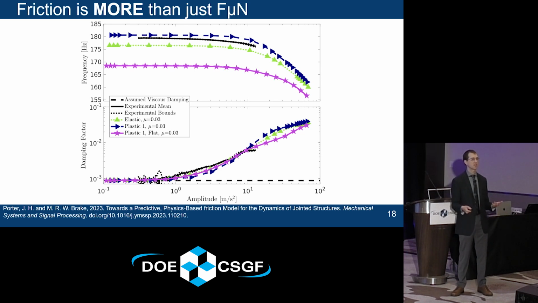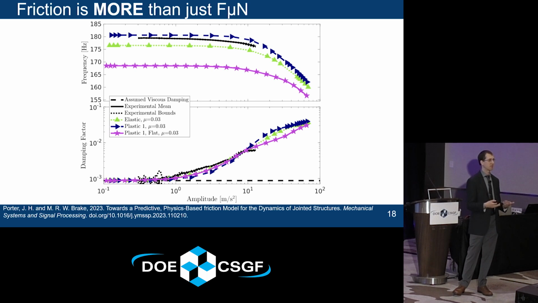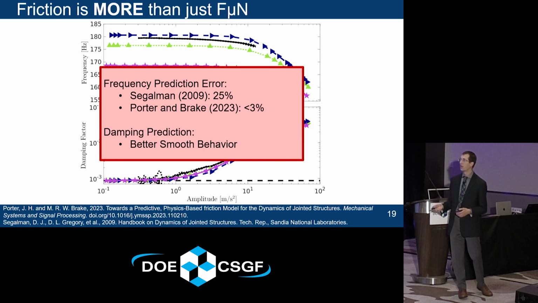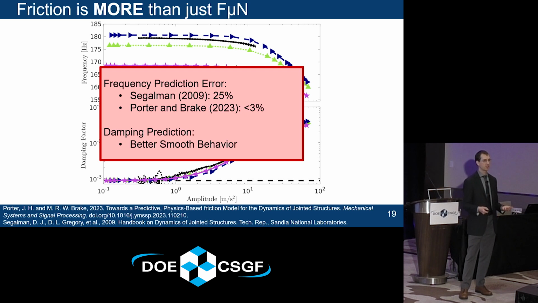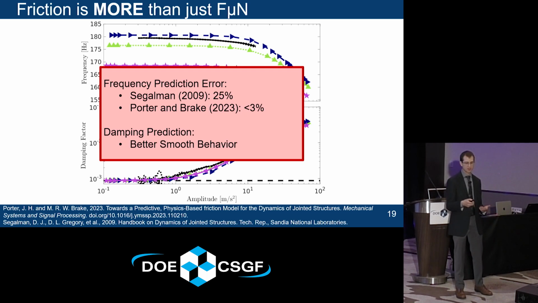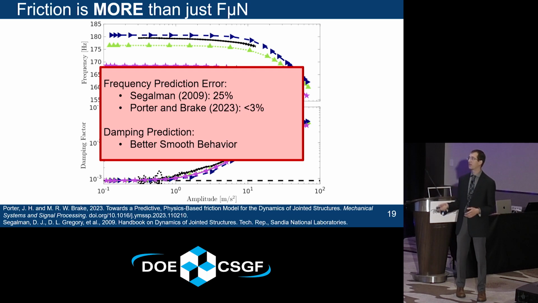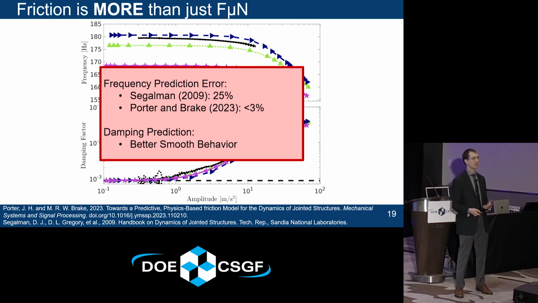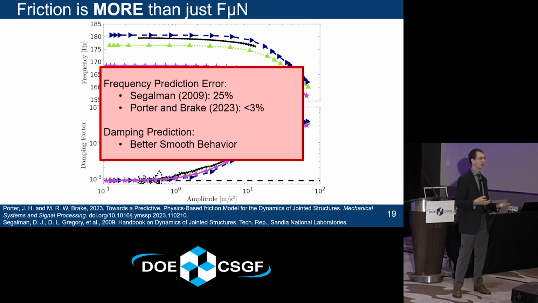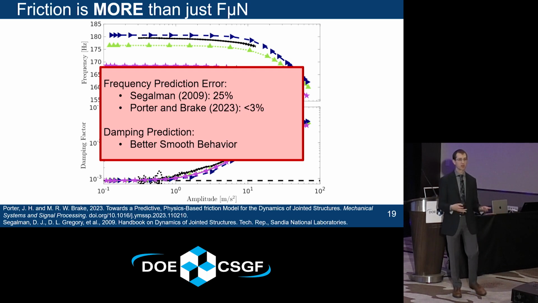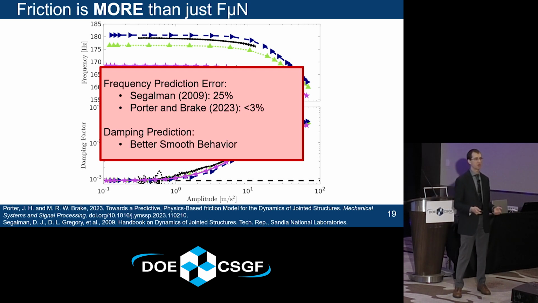You can see that all of these curves are doing a good job of qualitatively capturing this smooth increase in damping behavior. Compared to the literature, the previous benchmark for predicting frequencies of jointed structures was about 25% error in stiffness. With my work, I was able to reduce that prediction error to about 3% error for the low amplitude frequencies. And with damping, I'm better able to capture this smooth behavior.